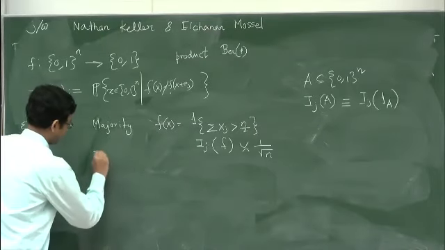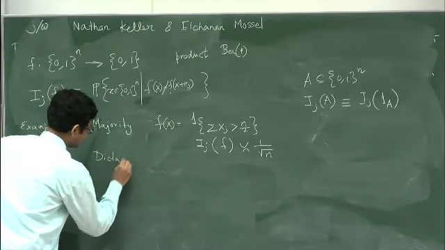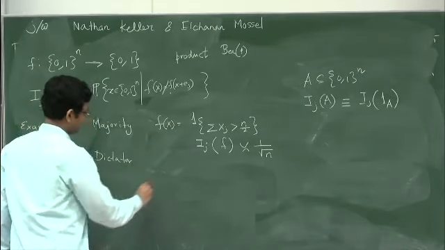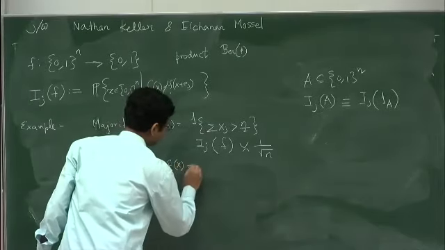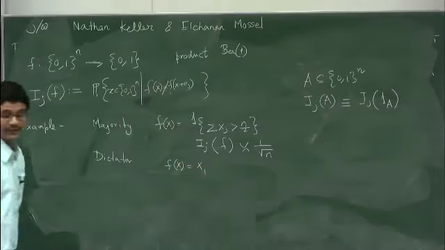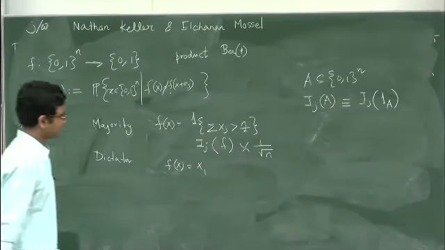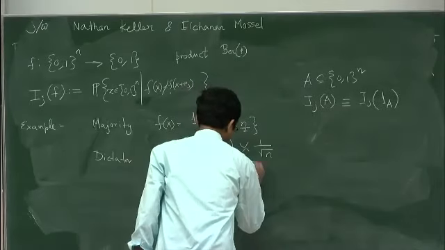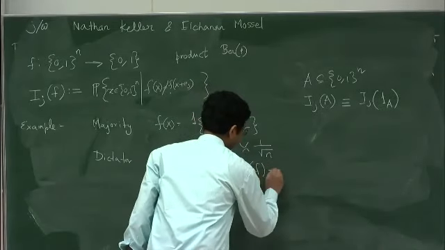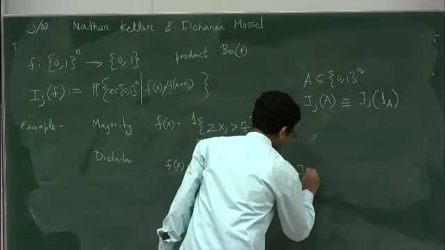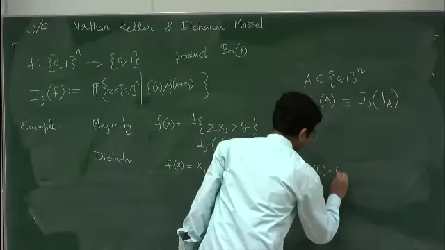This is one extreme, and another extreme is the dictator function, which only depends on one coordinate, let's say f(x) equal to x_1. In this case the influence of the first variable is 1 and the influence of any other variable is 0.